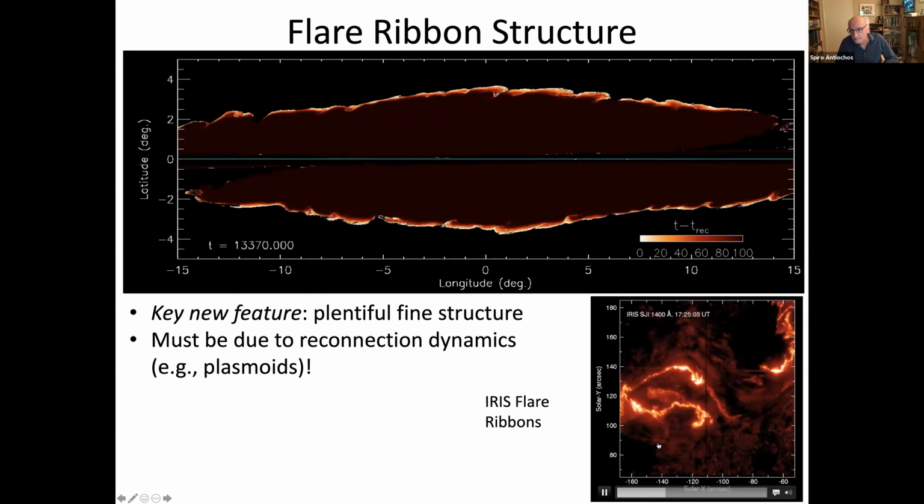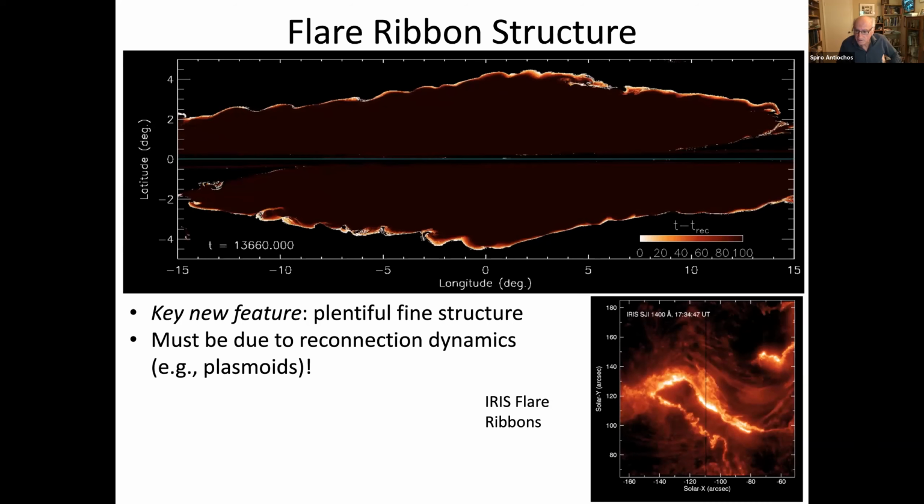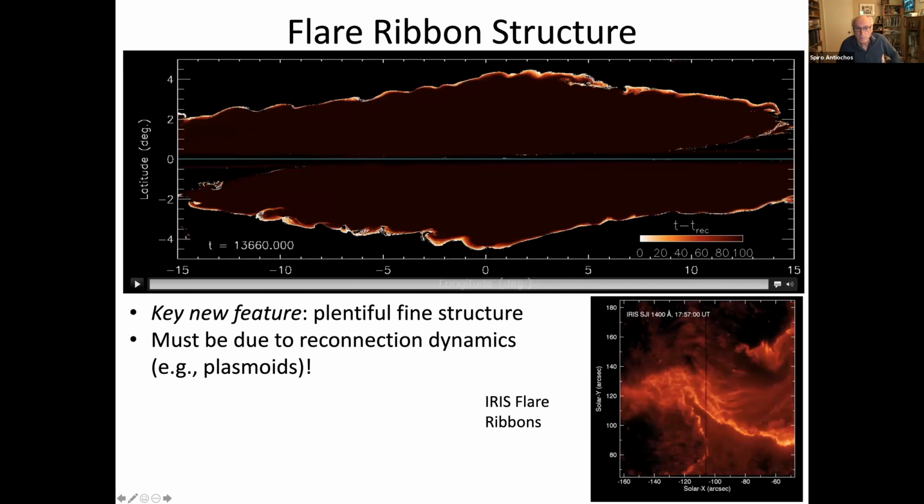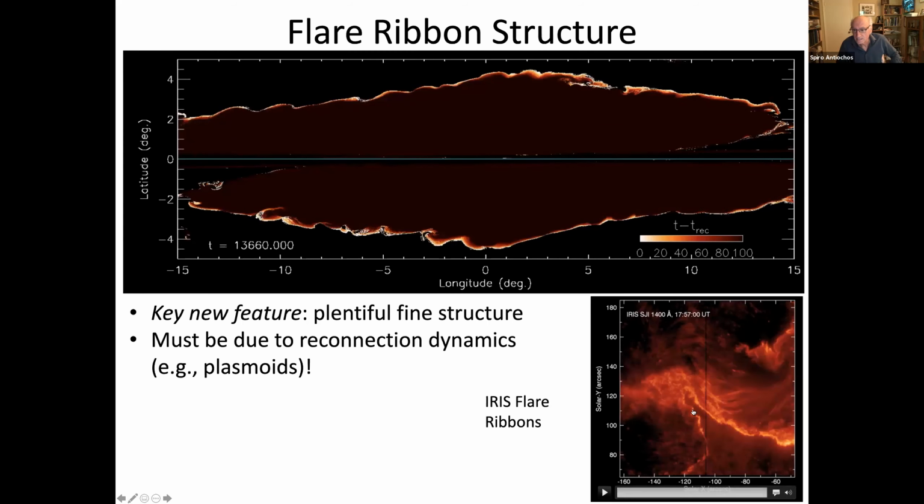Of course, we don't get that huge bending and everything because our magnetic field distribution is quite simple compared to the magnetic field distribution here. But the reconnection dynamics is starting to look very similar to the reconnection dynamics that's observed on the sun.